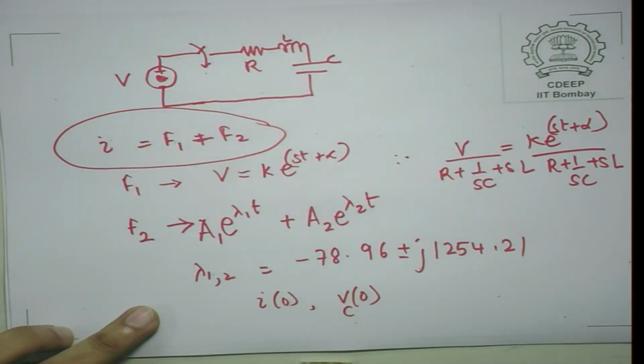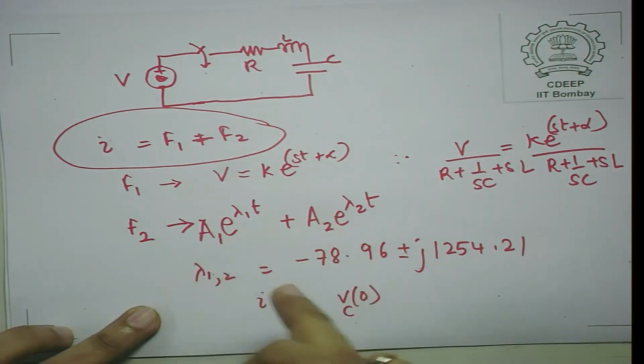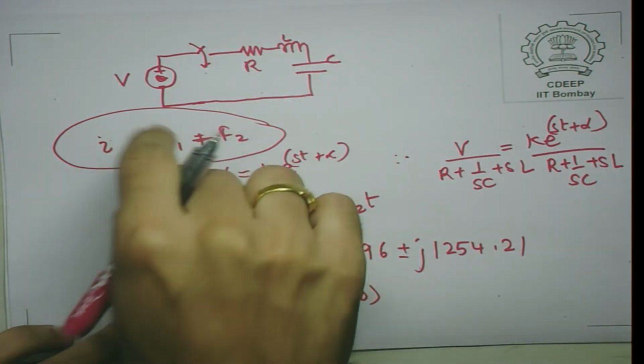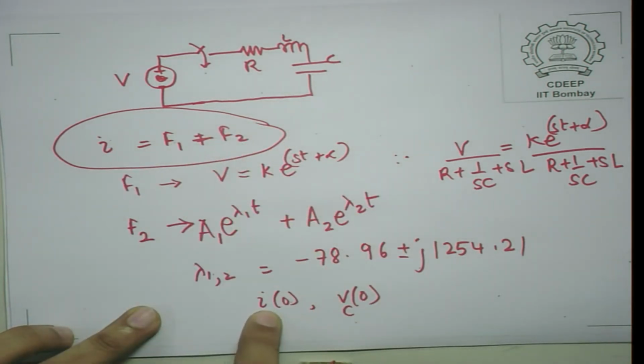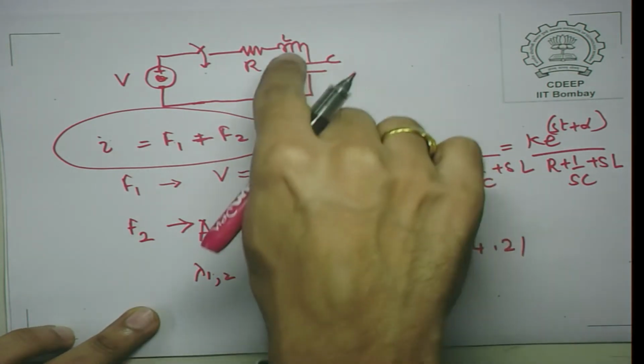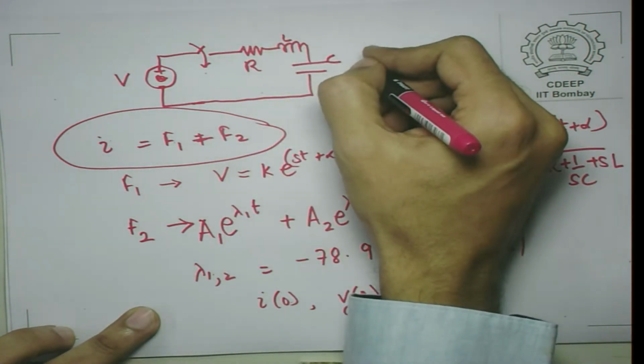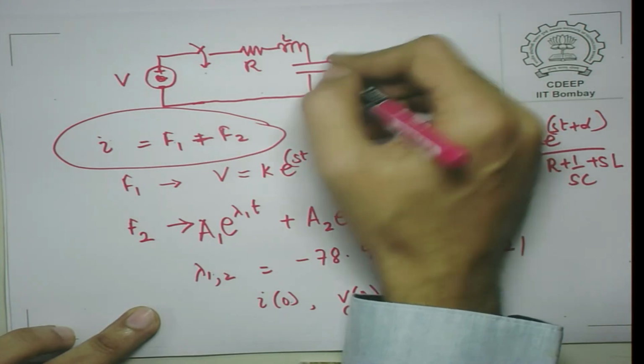So, what we have to really see is that this A1 and A2 are such that I is equal to F1 plus F2 satisfies I0 at t is equal to 0. So, your A has to be chosen in that fashion. Also, if you take out the response of Vc, in fact Vc is nothing but the integral of the current.